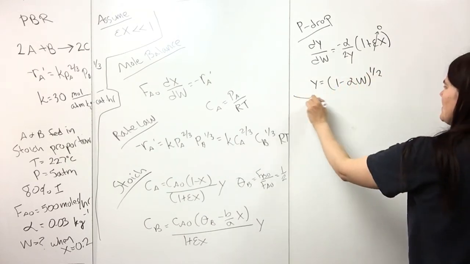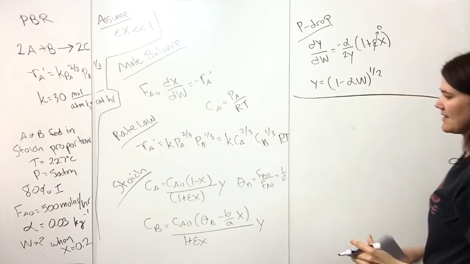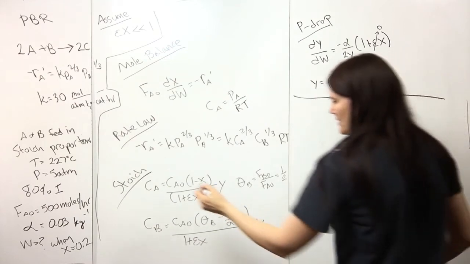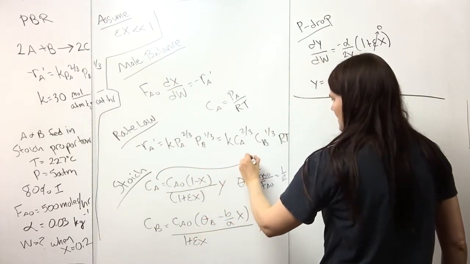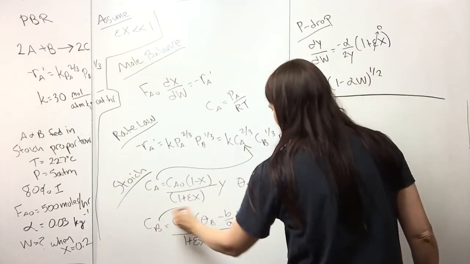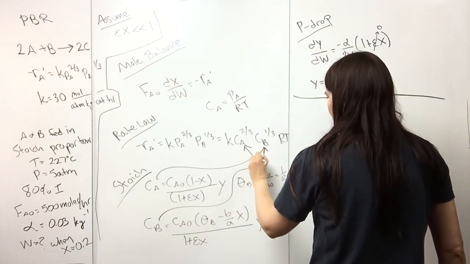We can start combining things so we can solve this, and I want to start with the rate law, so I'm going to plug that into there and that into there.